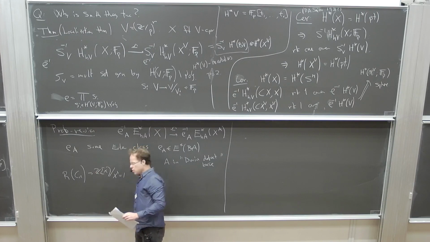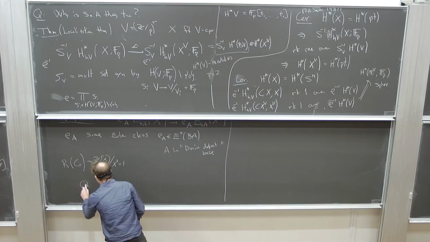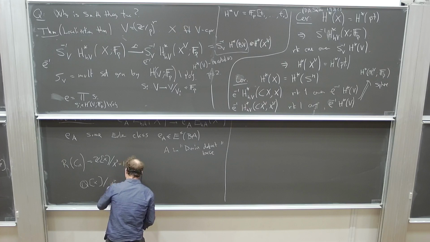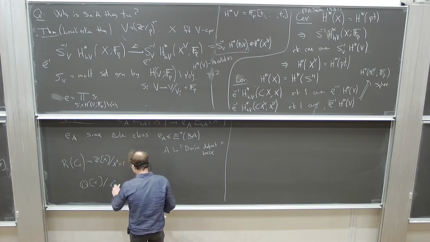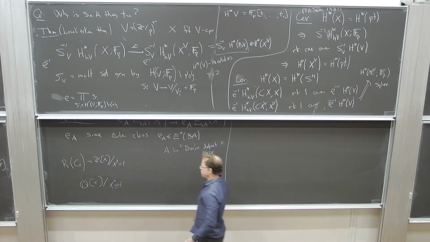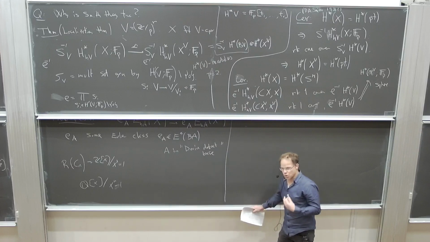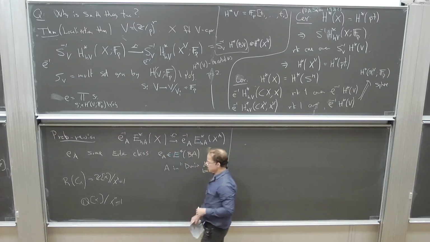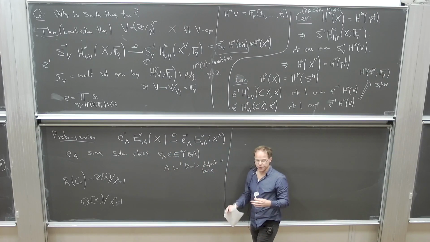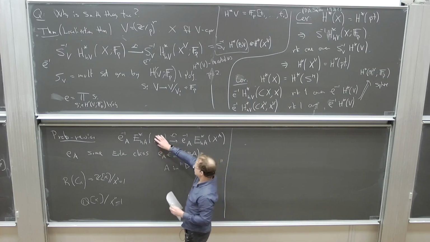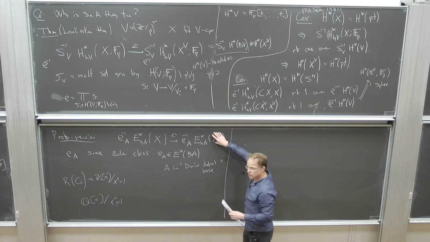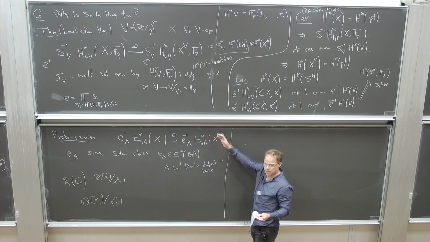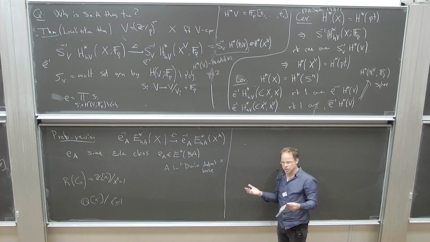So once we do this localization, we can no longer conclude that the fixed points themselves were contractible, because there are counterexamples to this statement.